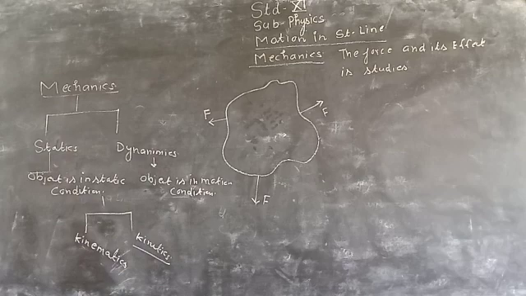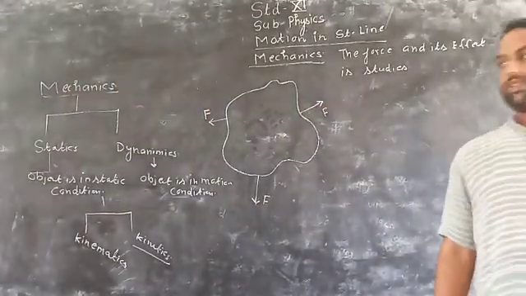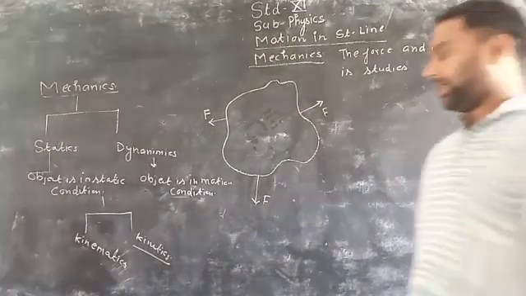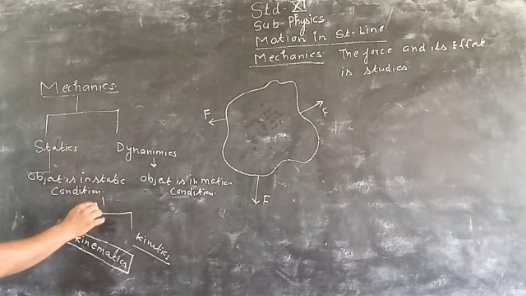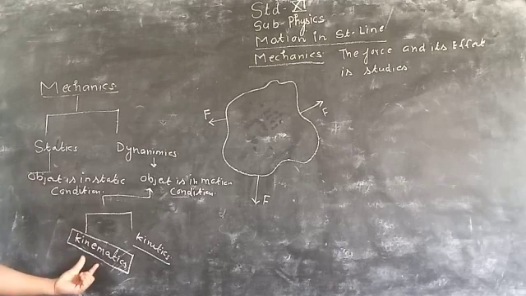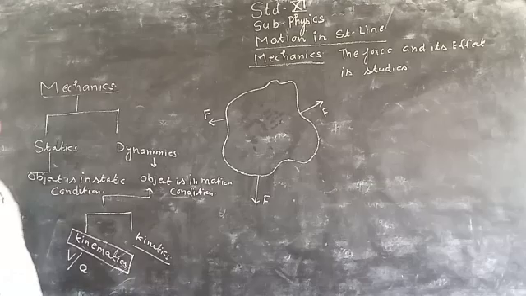There are two varieties. First is kinematics and another is kinetics. What is kinematics? Kinematics is the study of science or physics in which we see that an object is in motion condition, but we do not consider what type of force is responsible for it. Our only consideration is what velocity and what acceleration are acting on the object.